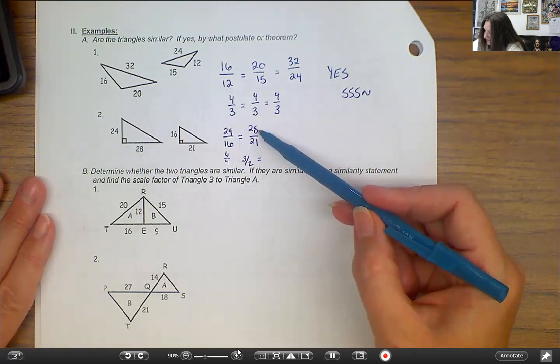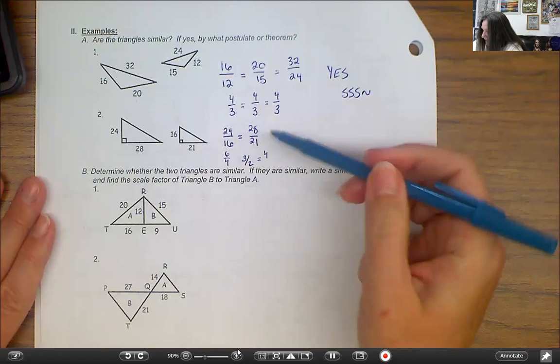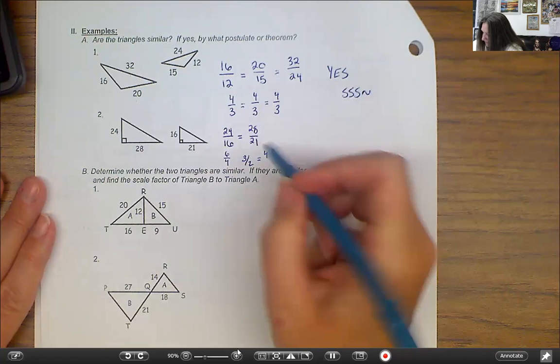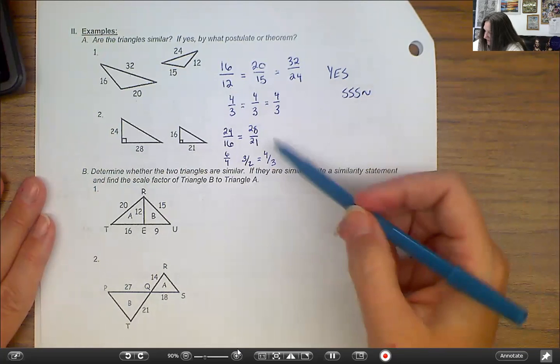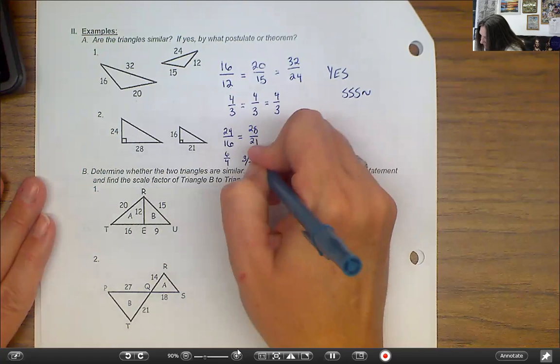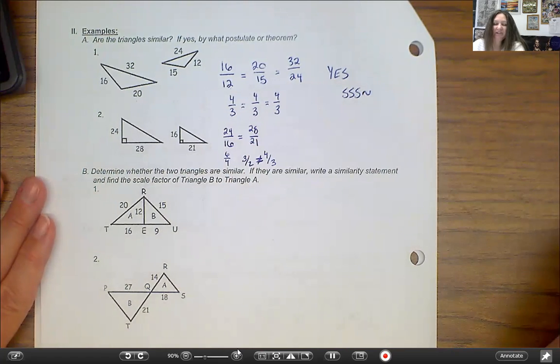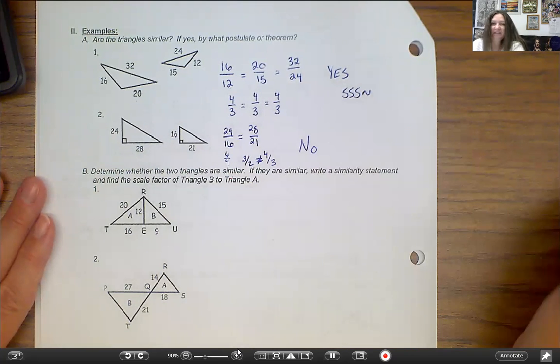So 28 divided by 7 would be 4, and 21 divided by 7 would be 3. So in this case, I get a scale factor of 4/3. Well, 3/2 and 4/3 are not the same scale factor. Those are not equal. So then, no, these triangles are not going to be similar.